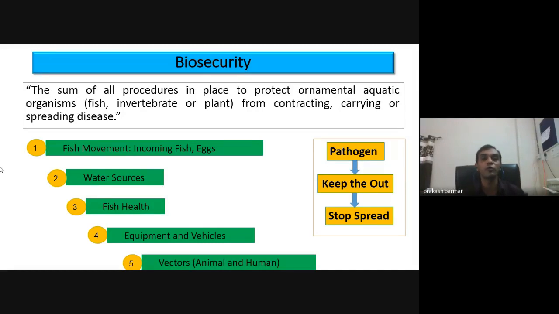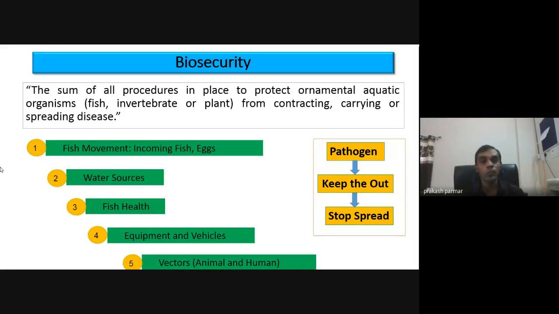So that fish movement we have to restrict, or here quarantine facilities are very helpful. Then water source. Whatever water we are using, we first have to disinfect it properly, and only then use it. Then health management is again very important. We have to boost the immune system, and if any disease is there, we have to treat it properly. So health management is again important.